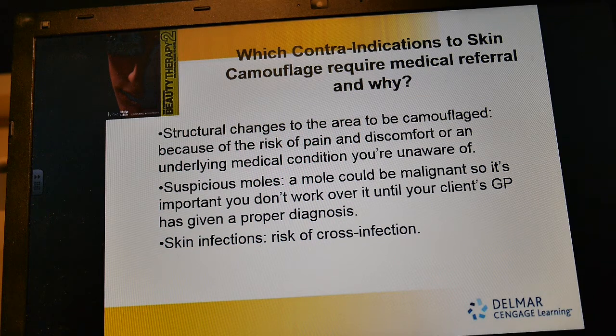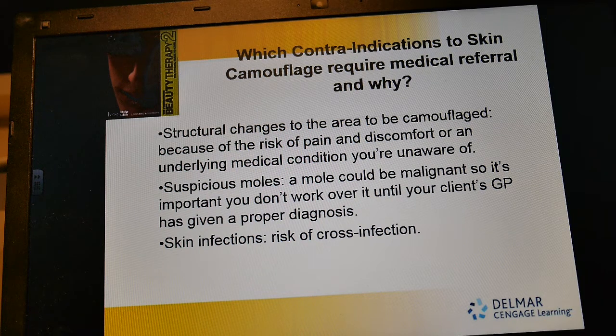So if it's a client you've worked on quite a lot, and they've noticed that there's been a change in the area that they're having camouflaged, they may experience pain or discomfort. So there may be an underlying medical condition that you're unaware of. So you don't want to aggravate it by working on that area. So you would have to make sure you refer that client on for medical advice.